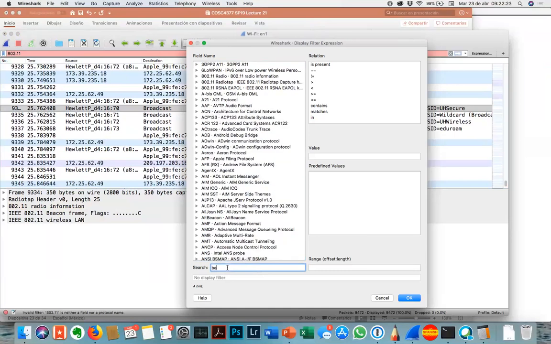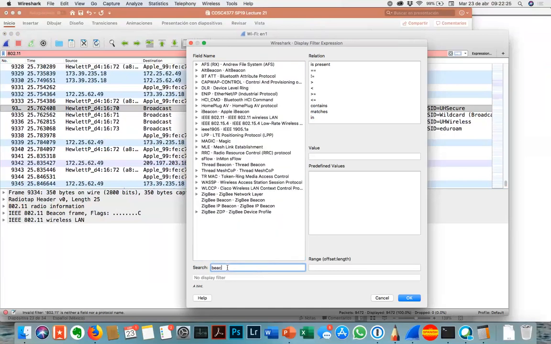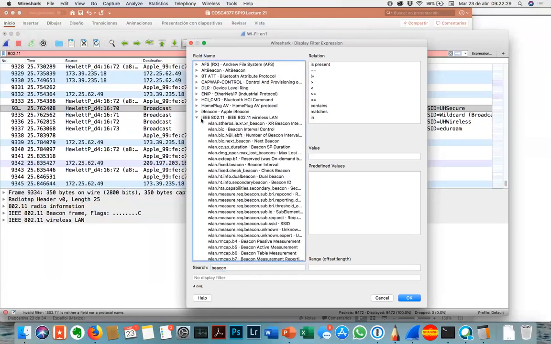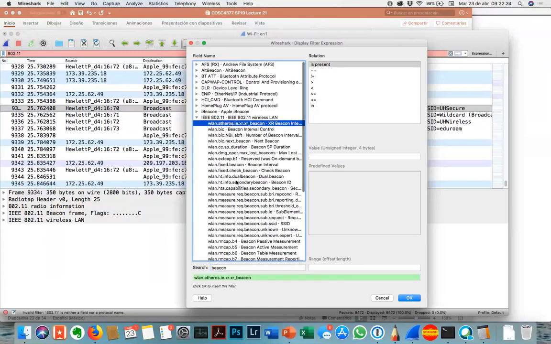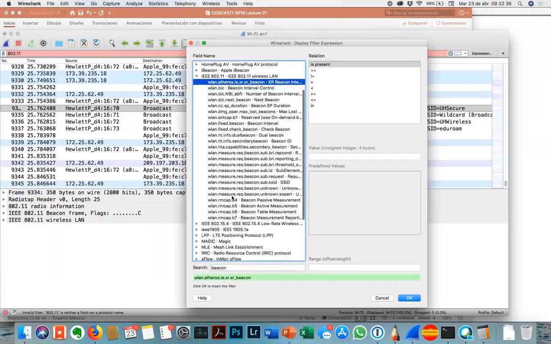And it doesn't work half the time, so hopefully I will. Here we go. And that's not the one I want. I don't want that beacon either. 802.11 fixed beacon. I have no idea if that's what I want. Let's see if it'll give me.